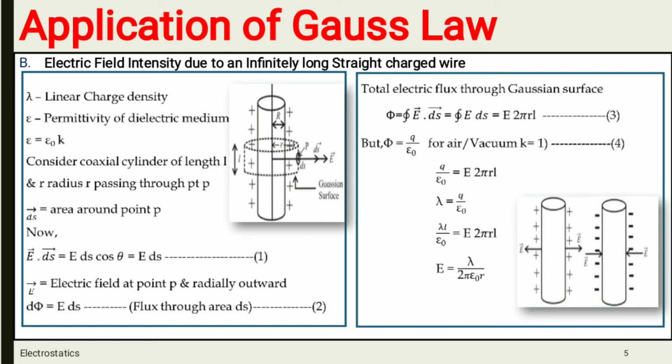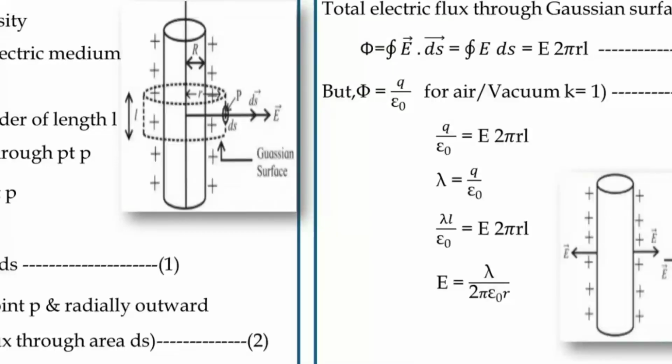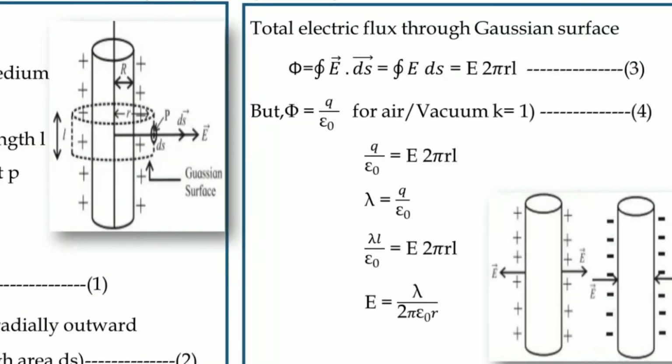Now lambda is the linear charge density, which is given by charge per unit length, that is Q divided by L. I have written it wrong here, it should be Q divided by L. Then Q is what?